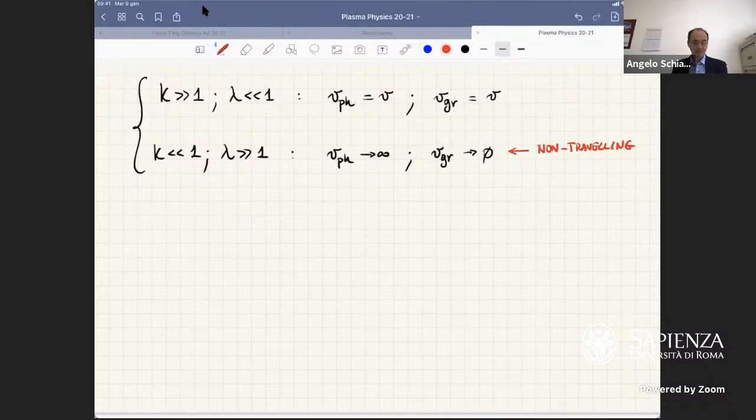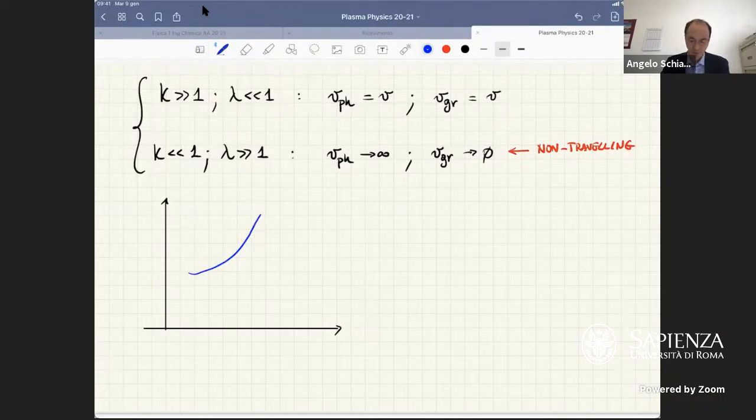And let's see again in a dispersion relation plot where this is happening. Suppose we have a general dispersion relation that goes like this, for instance, a branch of a dispersion relation. Let's focus our attention on a given point here.